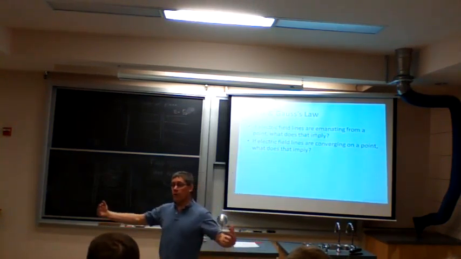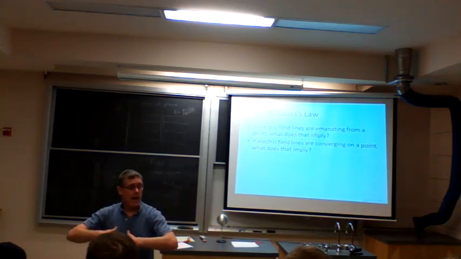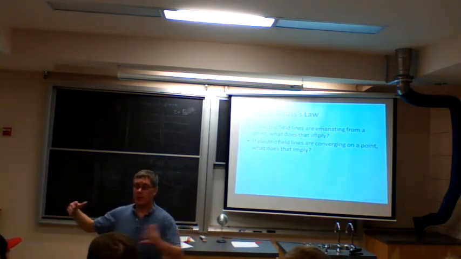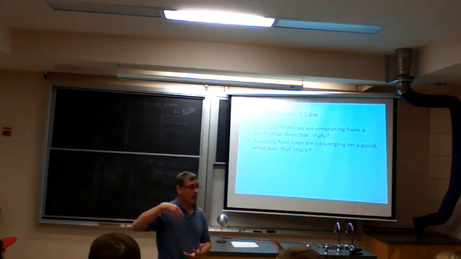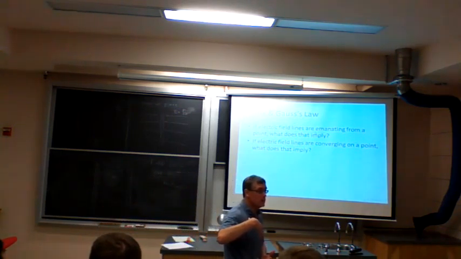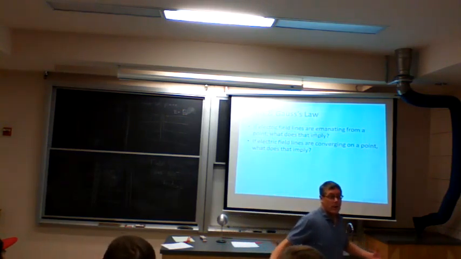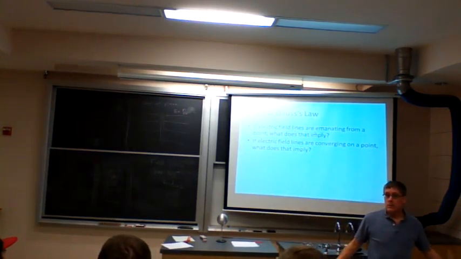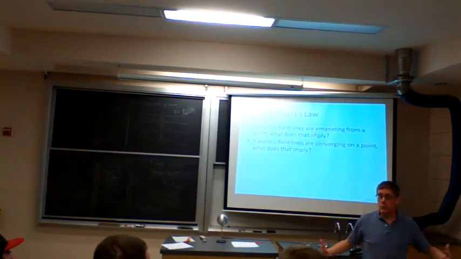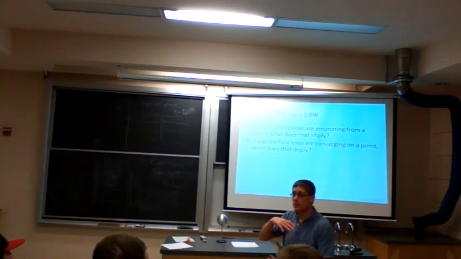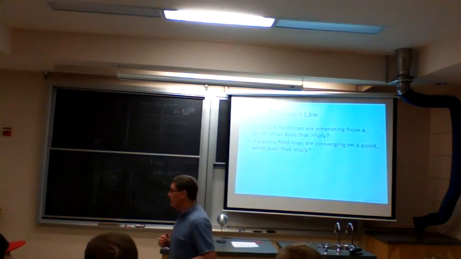If there are more field lines going into that box than coming out, what does that imply about the net charge inside that box? Negative. What about if the net number of field lines is going out rather than in? It implies the net charge is positive.